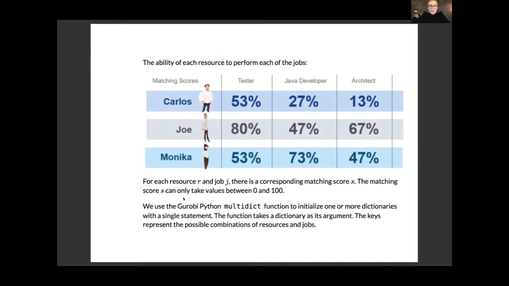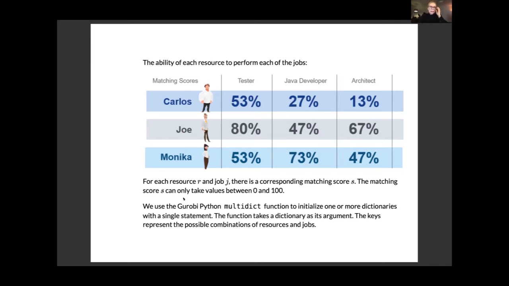So here is the ability of each resource to perform each of the jobs. As I said, they're different. They don't add up to 100 because each of them is individually capable of performing the jobs. And this is the matching score S. In the Gurobi Python module, we can have, or we are introduced to, a function that is called Multi-Dict.